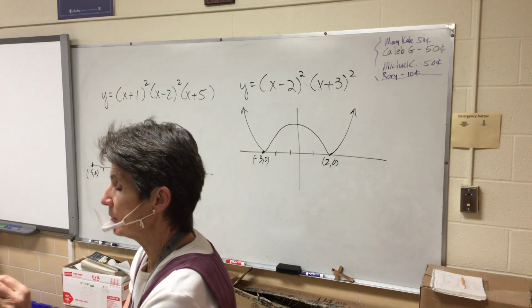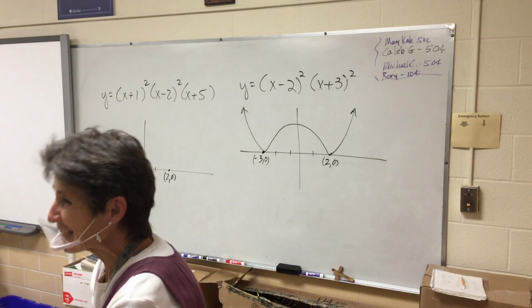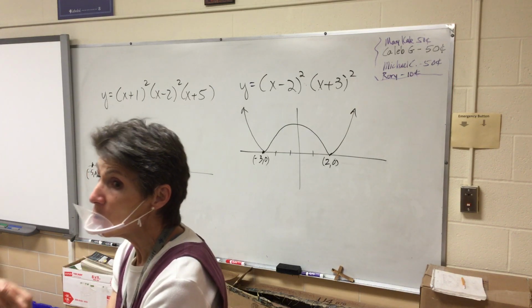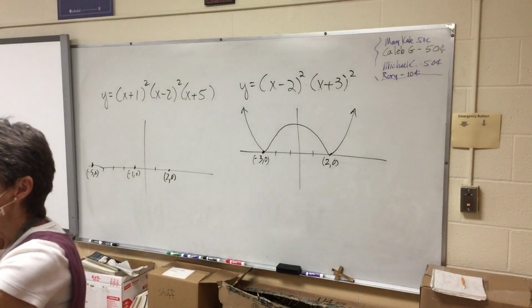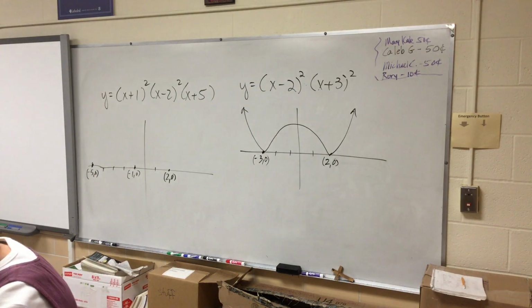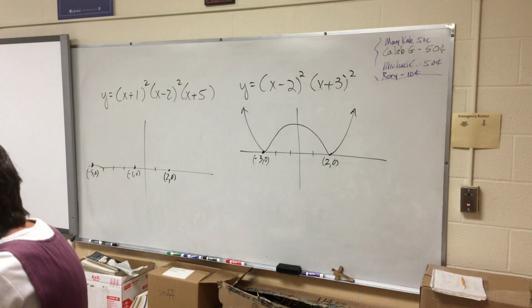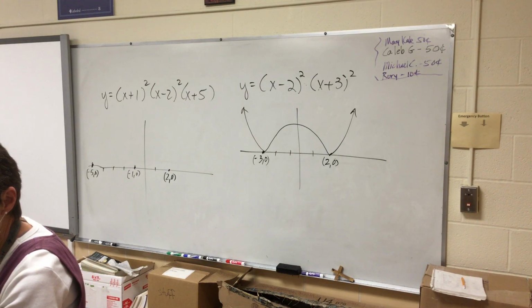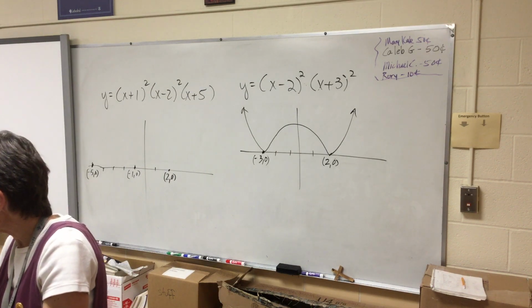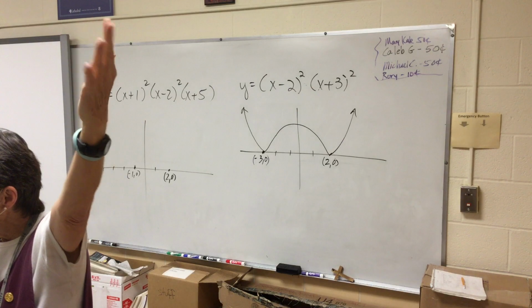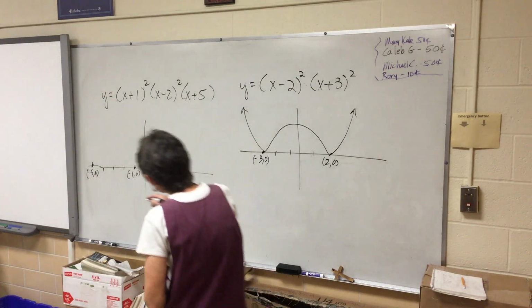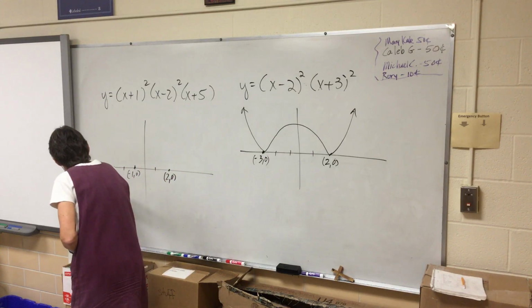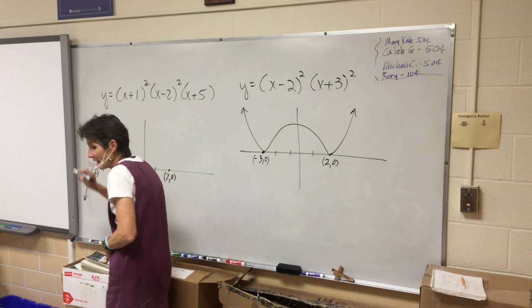You got to stop yourself. How many x's total do I have? 5. Okay, 5 is odd. Odd is like x cubed, which means it's going to start down and end up, right? So we're going to start down here, and we're going to come up and grab that -5.